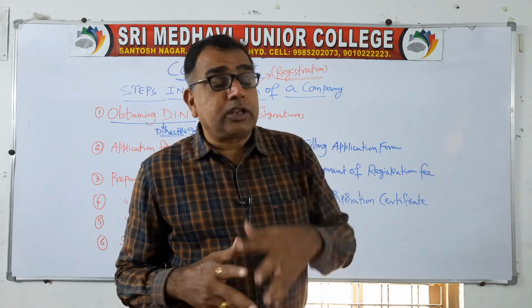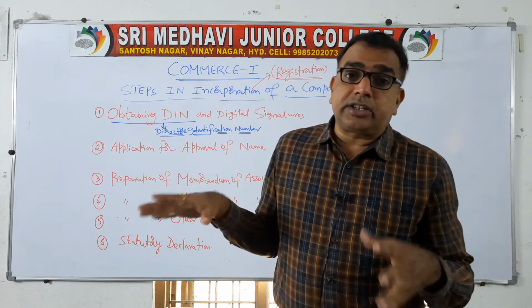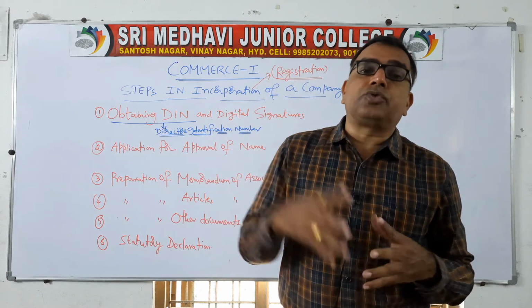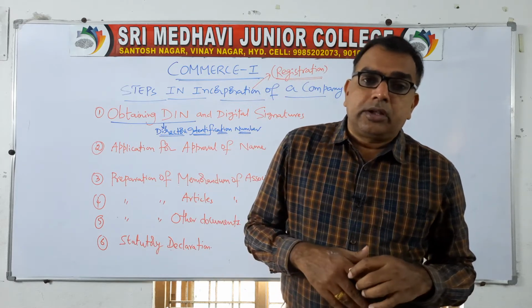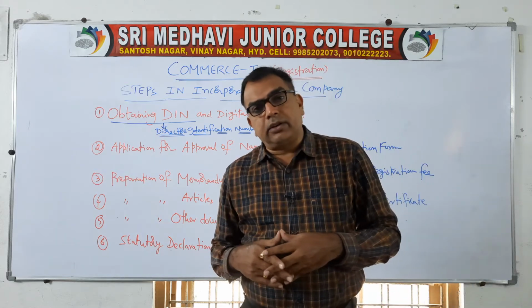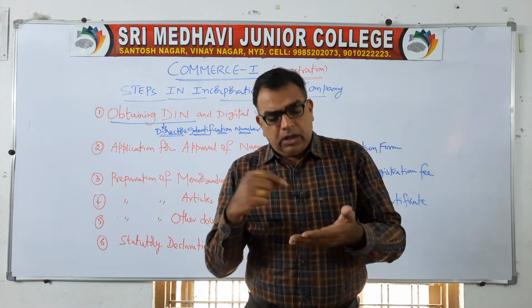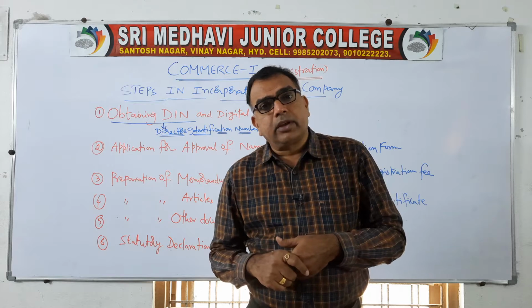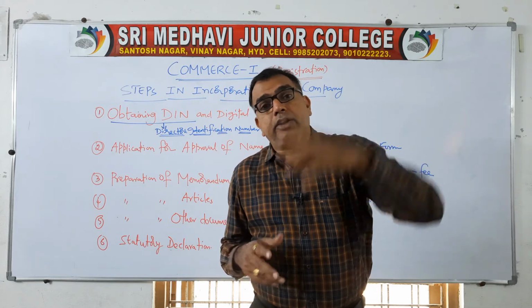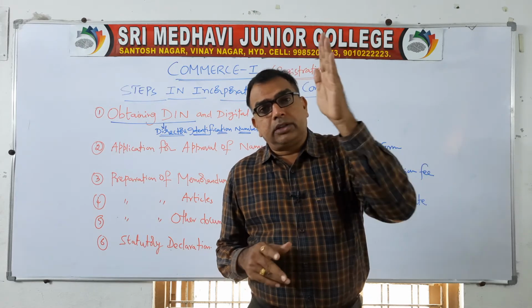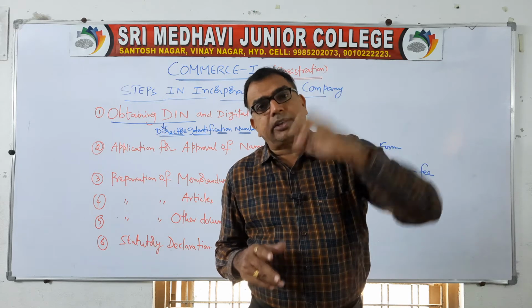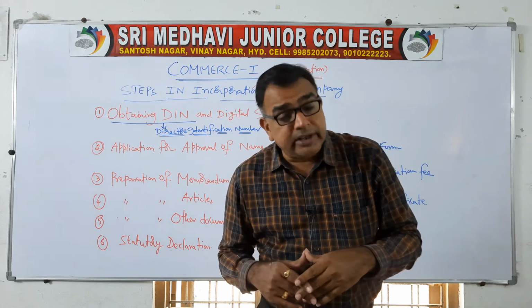So after incorporation of a company, the directors of a company also will have to sign various documents. So as nowadays it is online, the directors need not sign physically. On every official document of the company, the director's signature must be there in a digital manner.